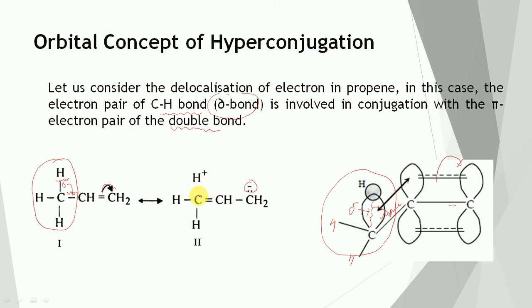So this is called hyperconjugation. It is clear that the delocalization involves overlapping between the sigma orbital of the CH bond of the alkyl group and the pi orbital of the carbon-carbon double bond. So it is called hyperconjugation.